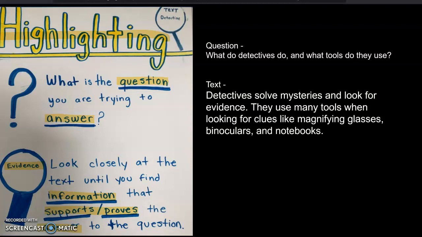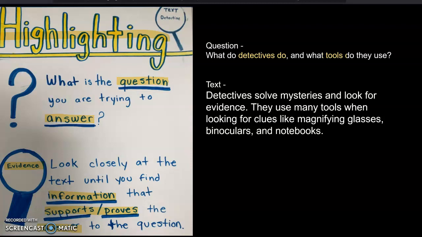So let's practice. Up here it says, what do detectives do and what tools do they use? So the question is asking, what do detectives do and what tools do they use?